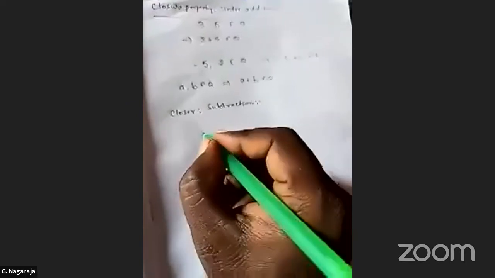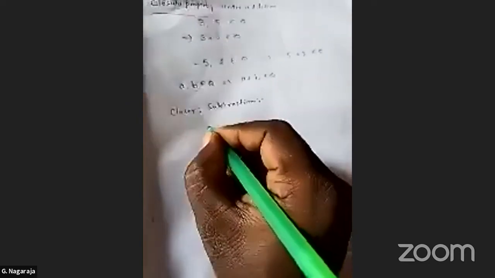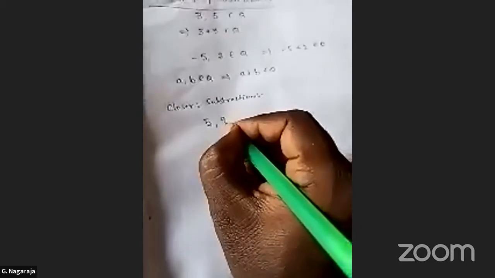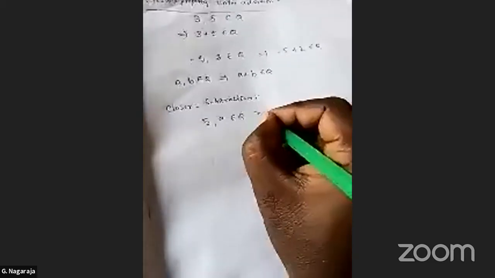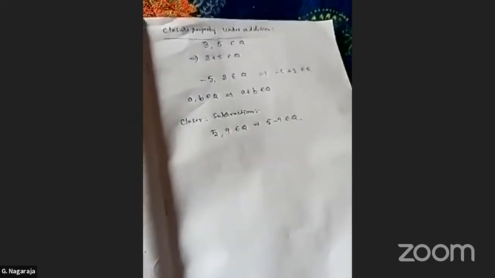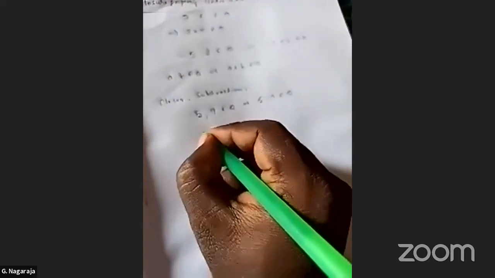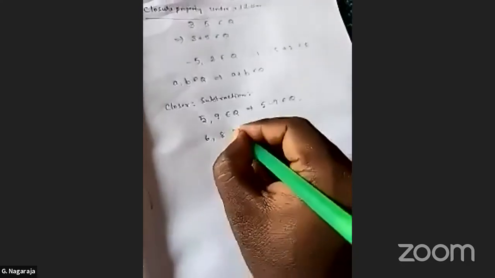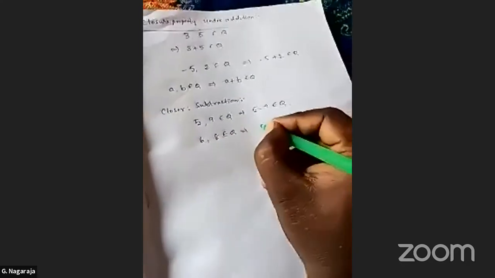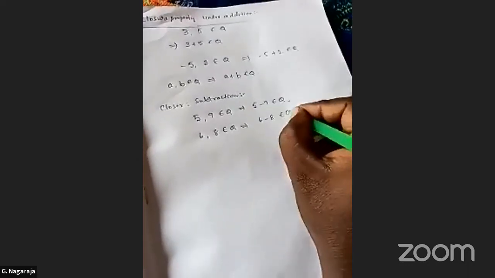Here also, same: 5, 9 belong to Q, then 5 minus 9 also belongs to Q. Another example: 6, 8 belong to Q, then 6 minus 8 also belongs to Q.